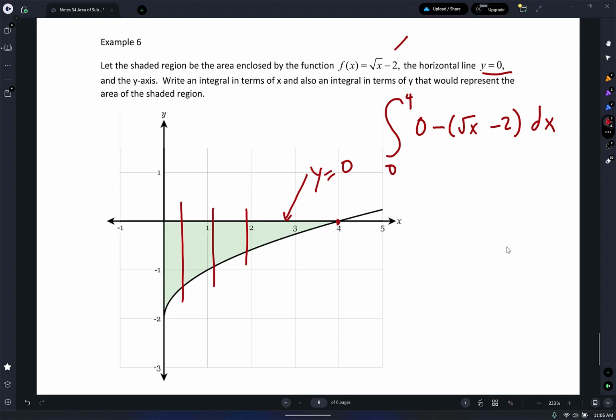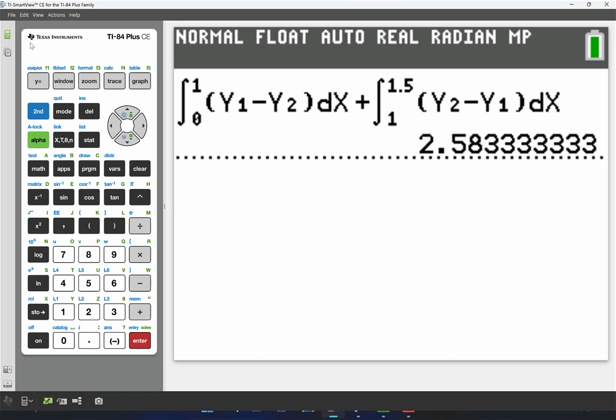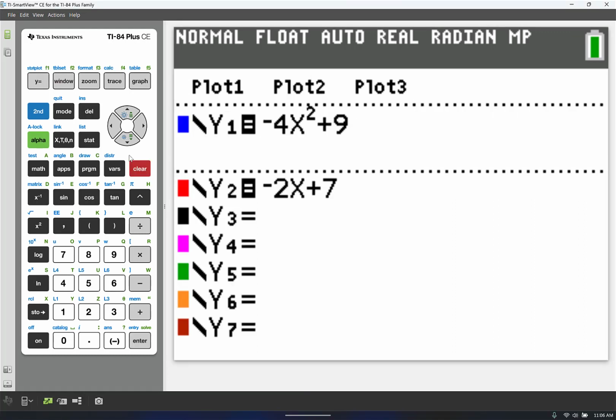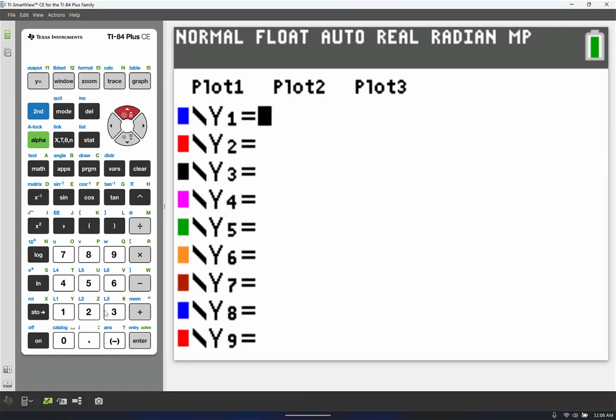Let's do it with a calculator. I type that into y1, square root of x minus 2. So take your calculator, and I'm going to clear y1 and y2. Don't worry, guys, we're almost done.